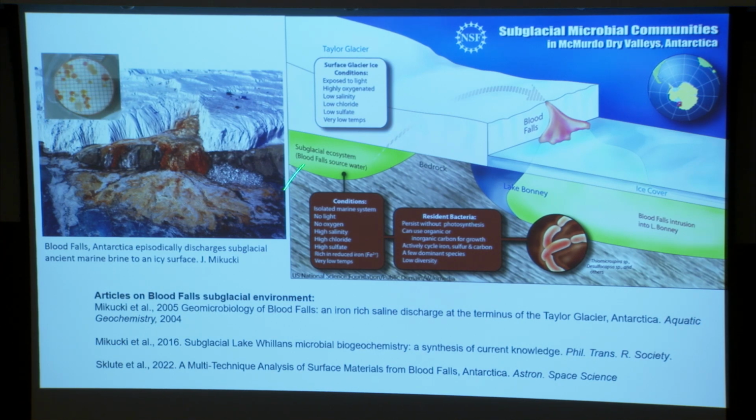This schematic on the right explains the conditions and the resident bacteria that can be found within Blood Falls. And again, super fascinating to think about what triggers this sort of output. And for questions about that, you're going to have to talk to Jill, because this is way outside of my area. But I just think it's a really amazing system when we start to think about these subglacial conduits to the surface and how we can sample them and how we know when to sample them, right?